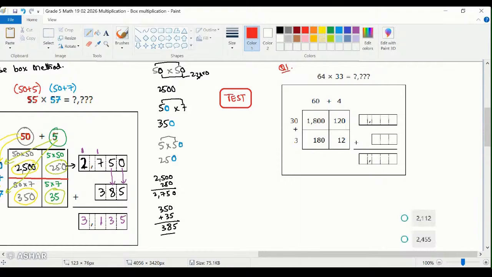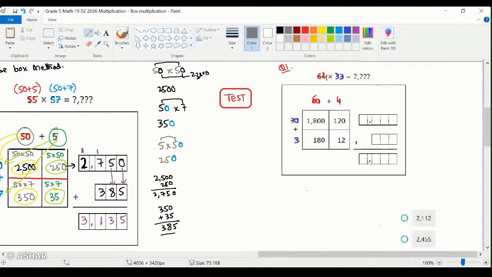Millie, what should be the answer? See, what they did was, the question was 64. They broke it down into 60 plus 4. The next value was 33. So broke it down into 30 plus 3, right? 60 into 18 is 1800 plus 120.